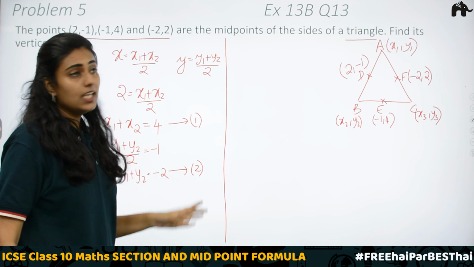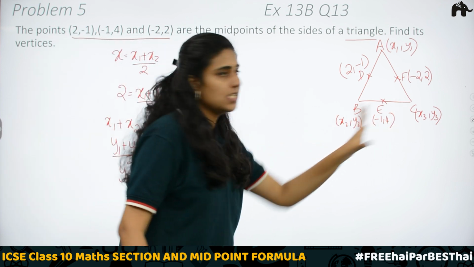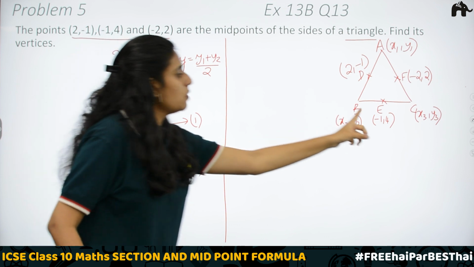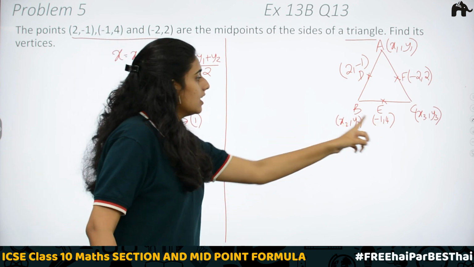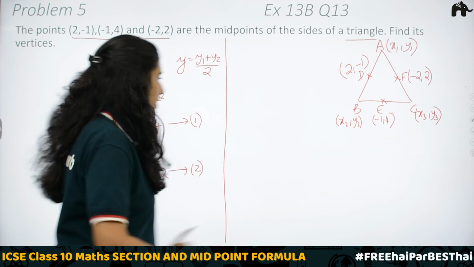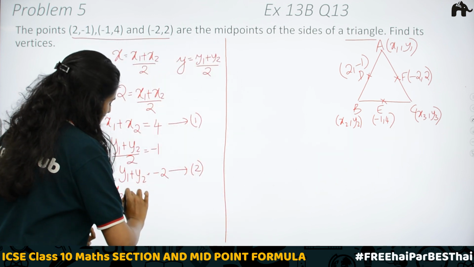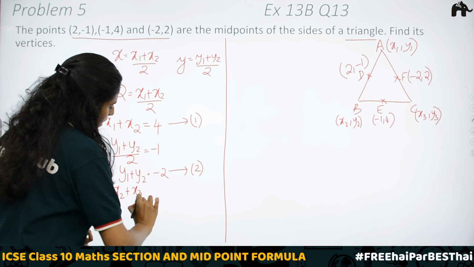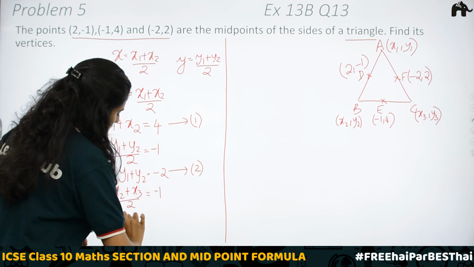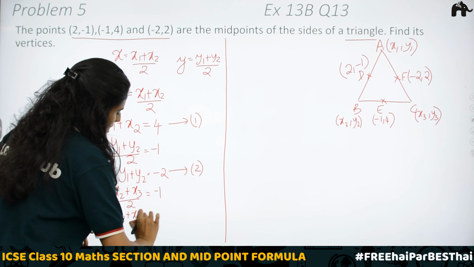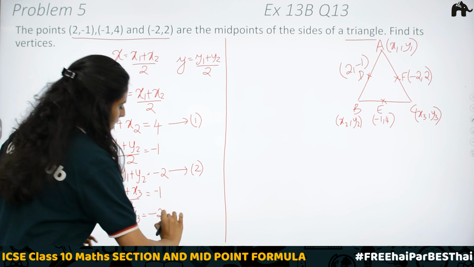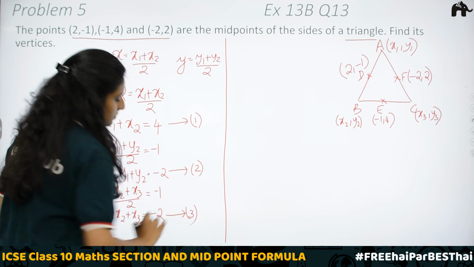Now, take the second line BC. When you take BC, what do we get? This point -1 is obtained by taking x2 and x3. Yes, (x2 plus x3) divided by 2 is equal to -1, or x2 plus x3 is equal to -1 into 2, -2. This is equation 3.